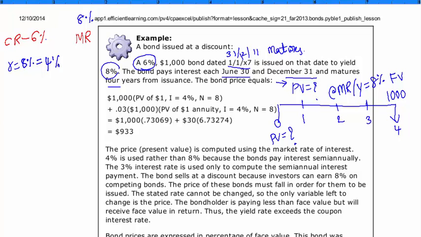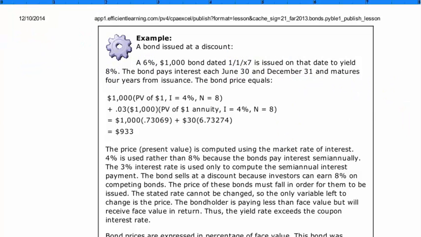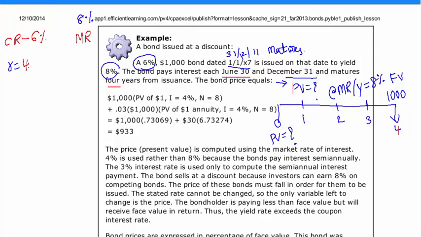Because you are going to get it twice, the R will be 4%. And N, how many years? Number of years is 4, but 8 periods. Total 8 periods. N is equal to 8. Interest is 4%. And the future value of the bond is 1000.